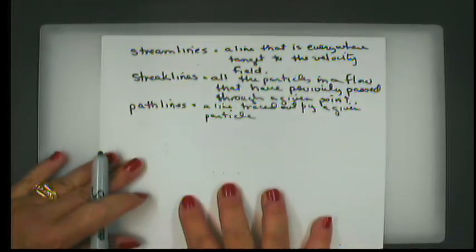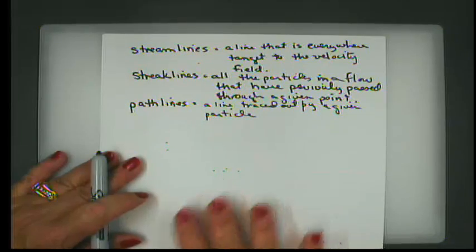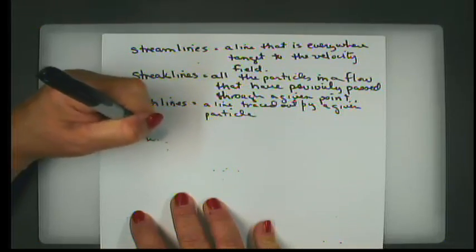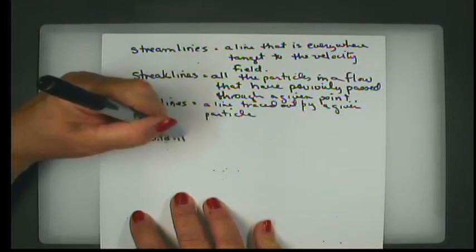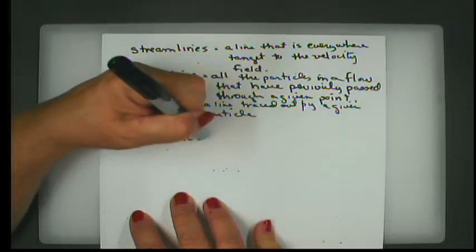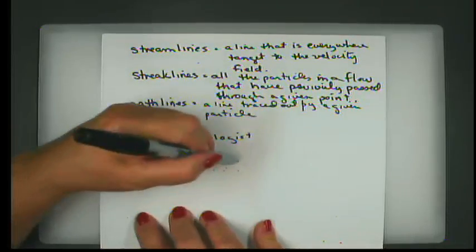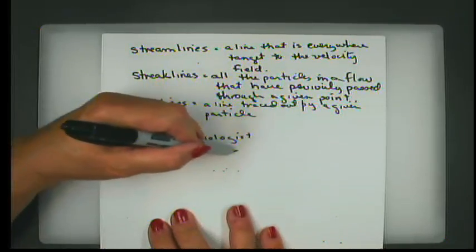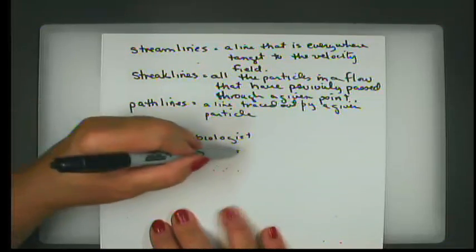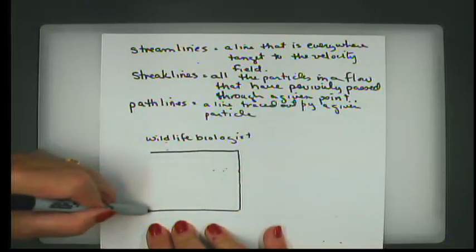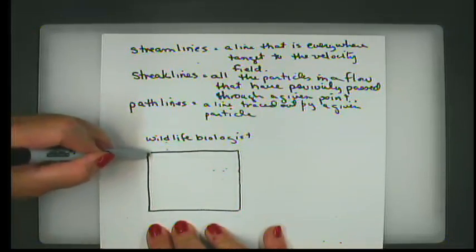Now, one representation of this would be, if you were a wildlife biologist and you were tagging elk in the thoroughfare. Most of you are aware that I am recording this from northwest rural Wyoming.